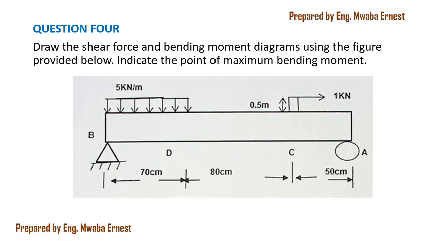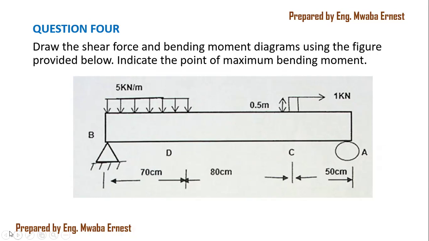We don't even have a point load directly acting on this beam. However, the way it is, it can be quite cumbersome to proceed just like that, so there's something we need to do about this. This one is straightforward because it is just a UDL. So with that in mind, let's redraw this same diagram.